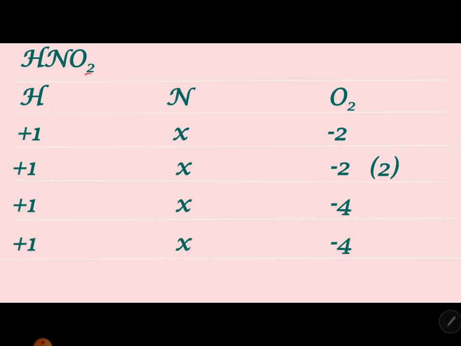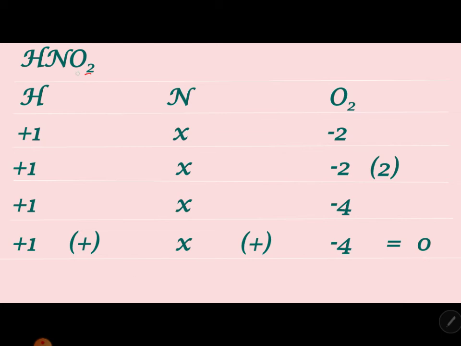In the next step, we will add these numbers and at the end we will write is equal to 0. We are writing here is equal to 0 because nitrous acid is a neutral molecule, and for all the neutral molecule, sum of oxidation number of its element is always equal to 0.